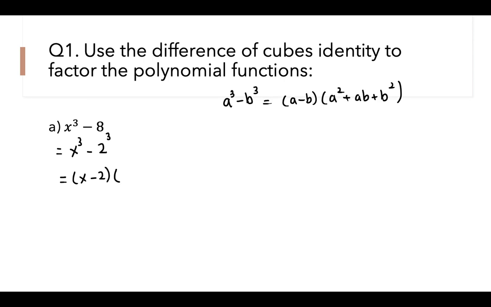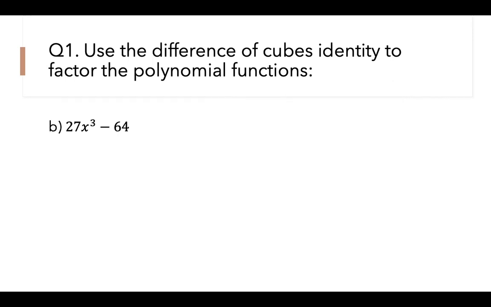And then a squared, which is x squared, and then plus ab, which is x and 2, so plus 2x, and b squared, which is 2 squared, plus 4. And that is the most factored form for x cubed minus 8.